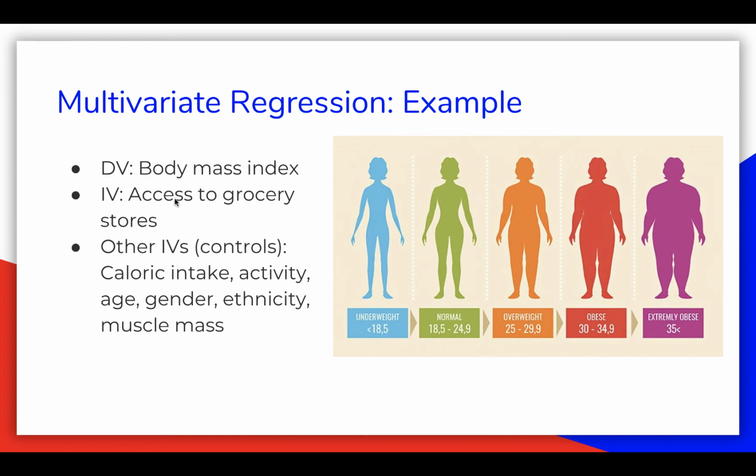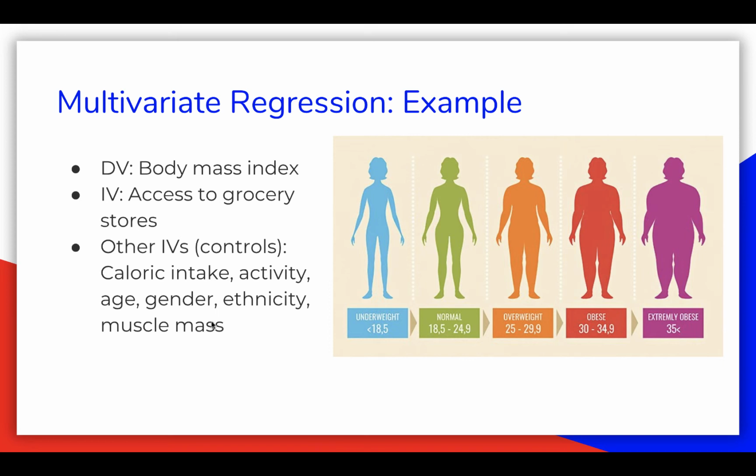I can't just run a bivariate test between body mass index and access to grocery stores and say, yep, there's an association, which means there's a relationship. I have to rule out a lot of other causal mechanisms and things that might affect one's body mass index. And that's sort of the beauty of multivariate regression, is that it lets you control for all of these.